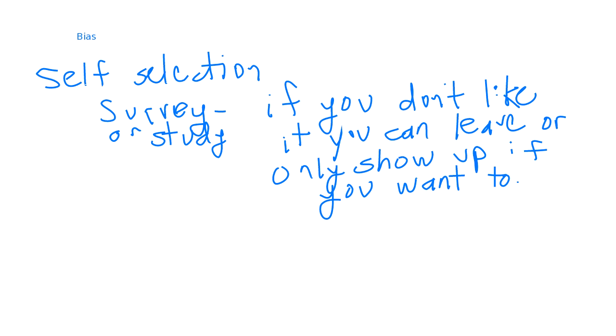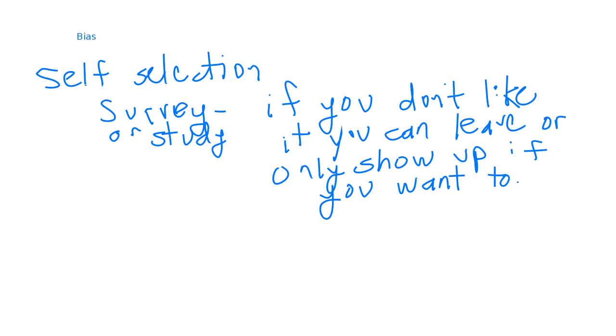Non-response is when individuals chosen for the sample are unwilling or unable to participate. So that would be another problem. An example of that would be mail surveys.